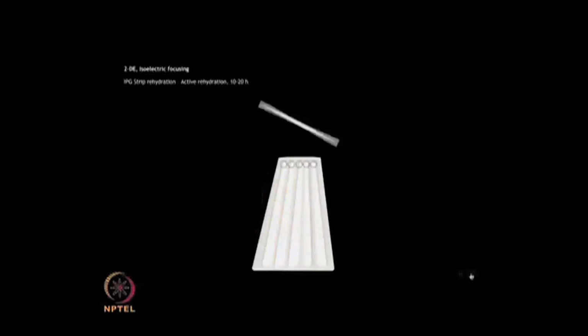The other process is known as active rehydration, where the protein sample is added to the strip via a sample cup, followed by the cover fluid to prevent the gel from drying up.